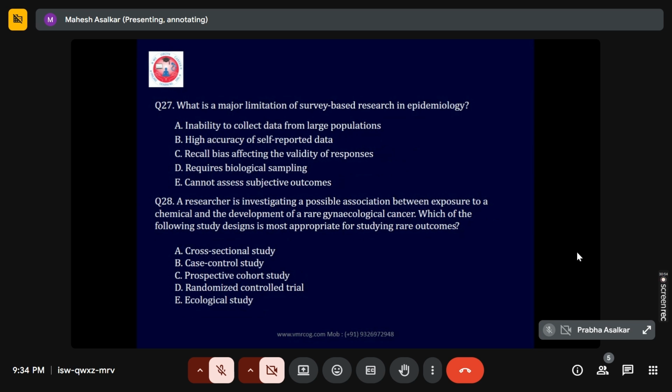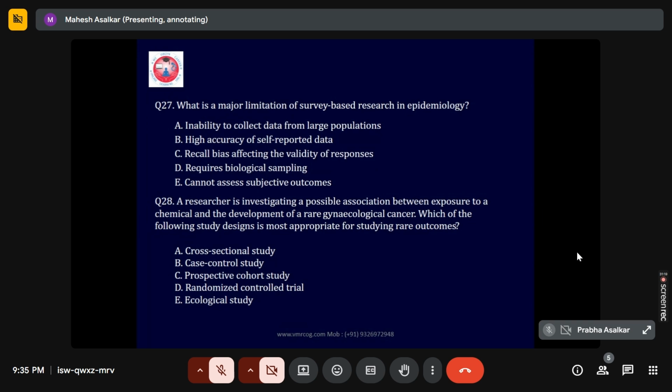Option A, inability to collect data from large populations; B, high accuracy of self-reported data; C, recall bias affecting the validity of responses; D, requires biological sampling; E, cannot assess subjective outcomes. A? In fact, in survey, you get data from large population.